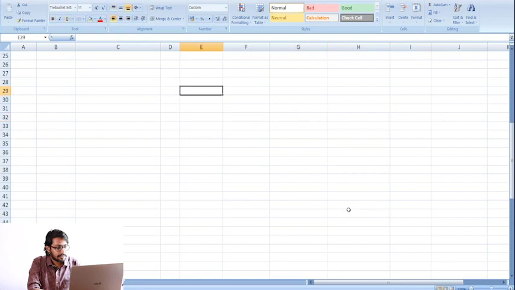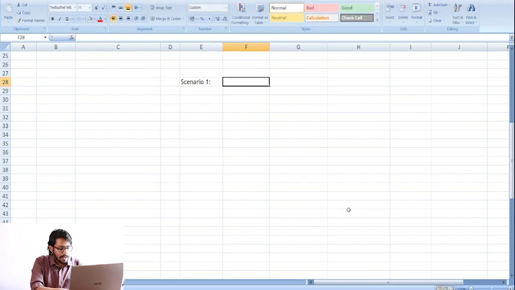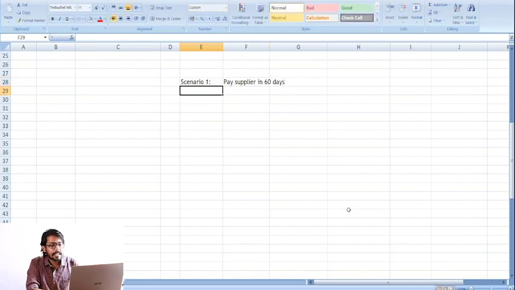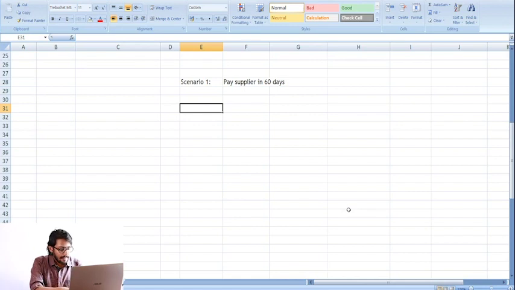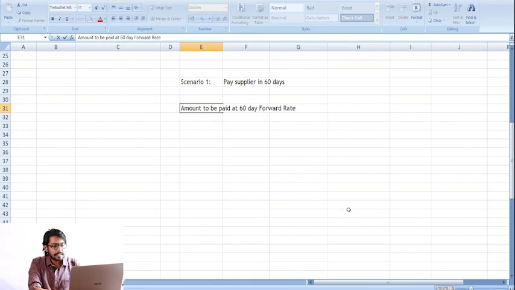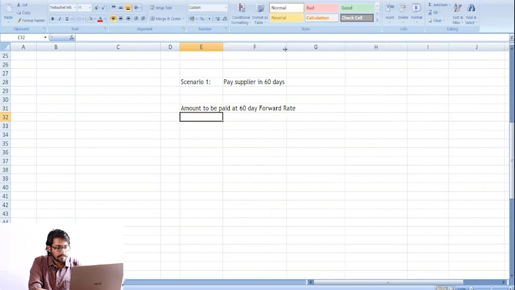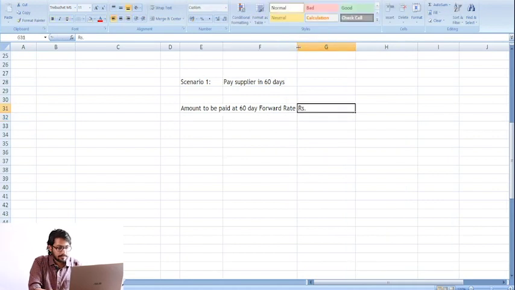Scenario 1. Pay supplier in 60 days. What will happen? Amount to be paid at the 60-day forward rate is equal to rupees.